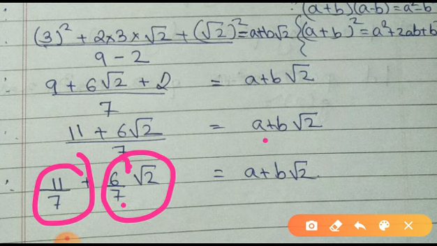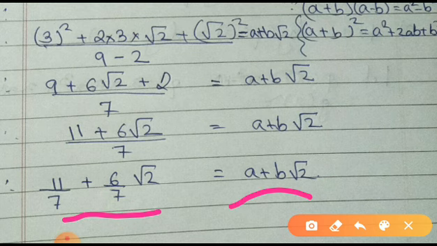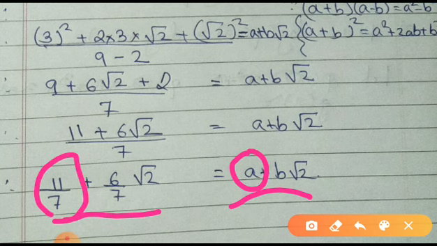After doing this step, compare your left hand side and right hand side. Now see, a is a constant. Which is the constant here? 11 by 7. So the value of a will be 11 by 7.